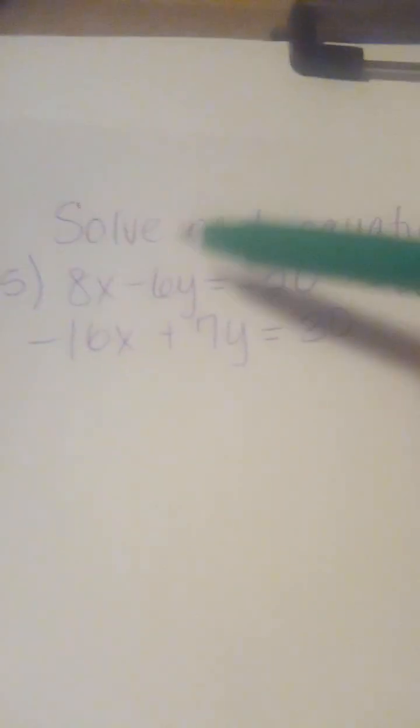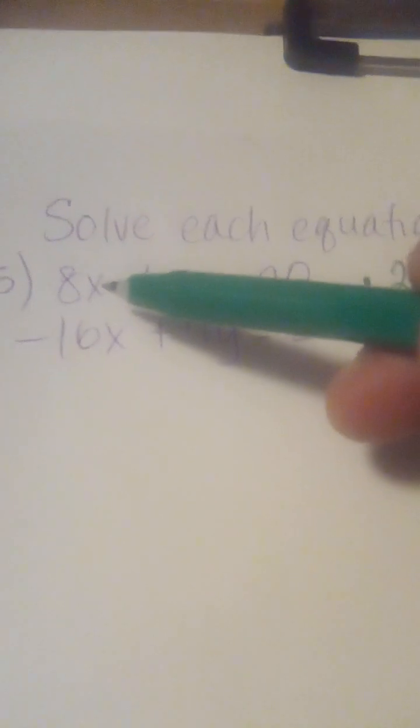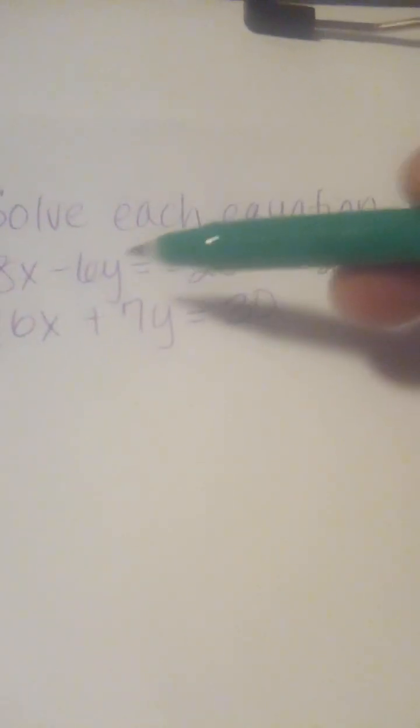Okay, we're going to do this step by step. We have 8x times 2 that gives us 16x. That will help us even the playing field. And then we have negative 6y times 2 that gives us negative 12y. Make sure you have your variables in there.